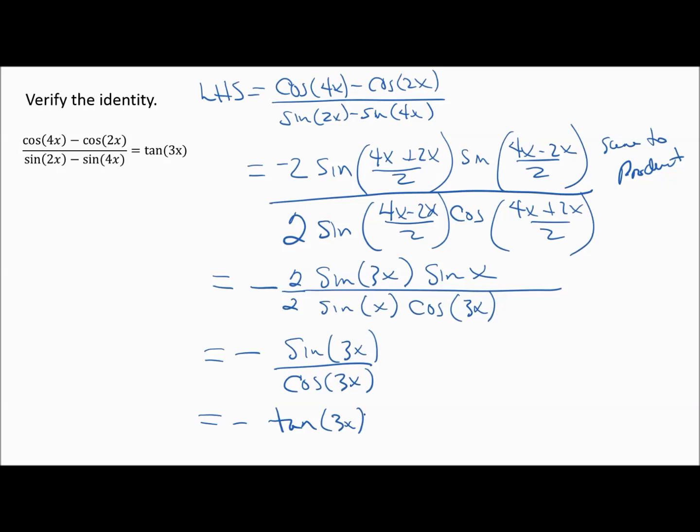Now all we did here is combine like terms and simplify. In this step we cancel common factors, and here I use the quotient property. Now notice, I would say this is the end of the proof, but I've got a sign issue.